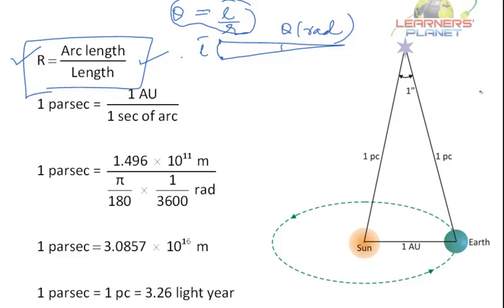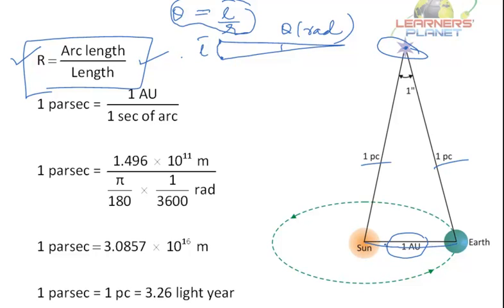Now similarly, if you are the observer and you are observing sun and Earth, this distance is so high in comparison to 1 astronomical unit that this arc length, if drawn from this point of observation, will be almost equal to 1 astronomical unit.